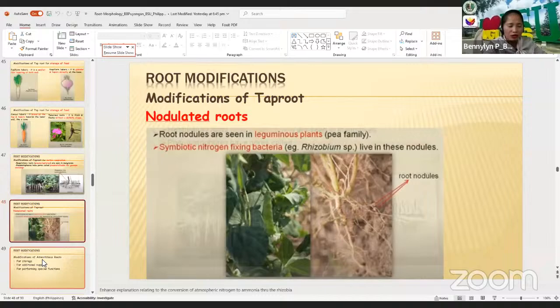How it is converted to available forms like ammonia is through the role of Rhizobium sp., the symbiotic nitrogen-fixing bacteria within the leguminous plants. So this is the importance of this symbiotic relationship between the leguminous plants and the nitrogen-fixing bacteria.